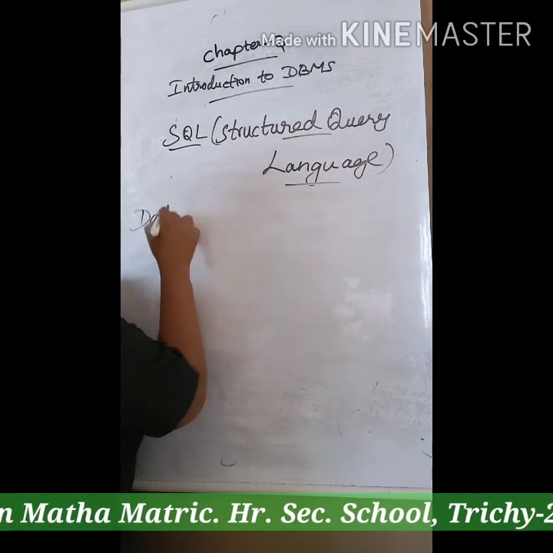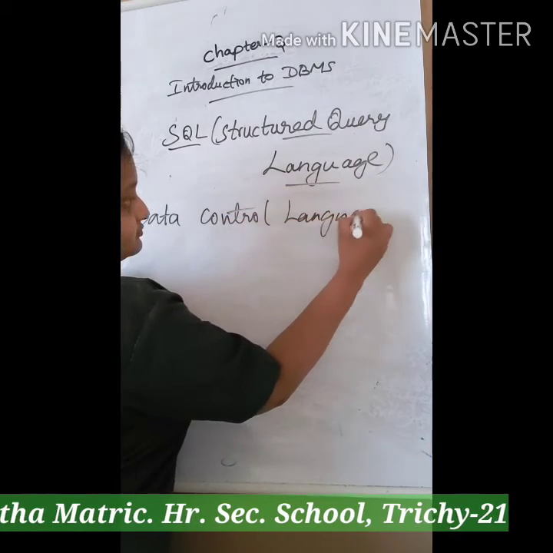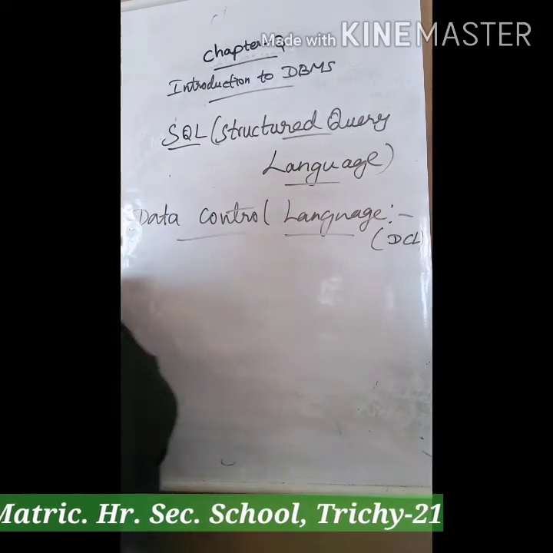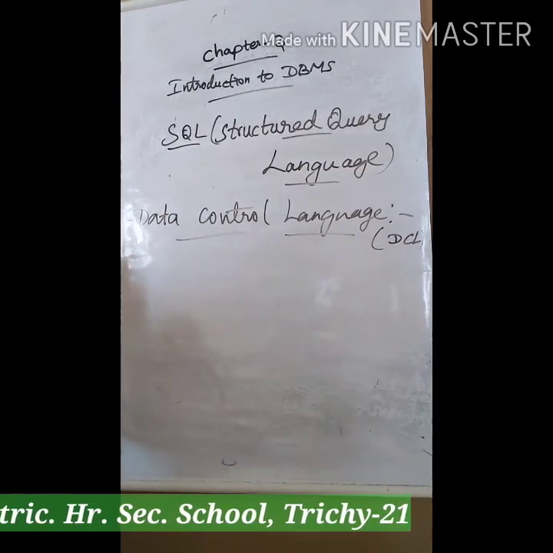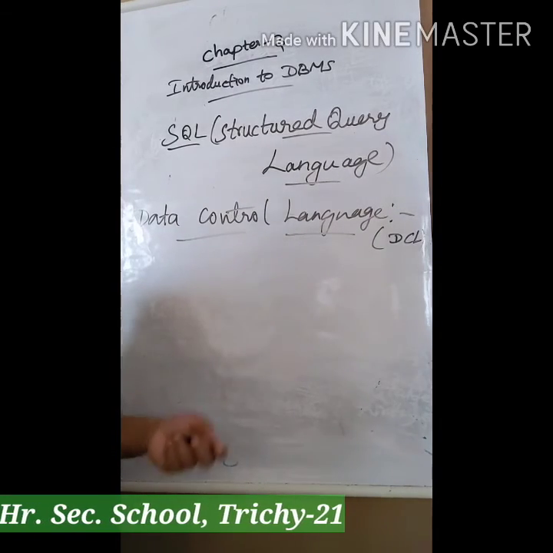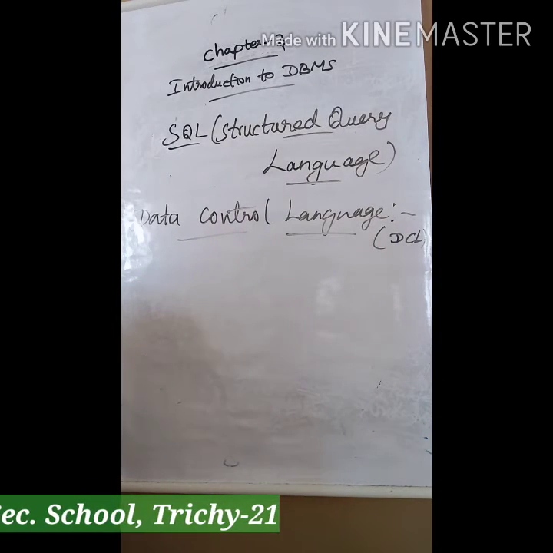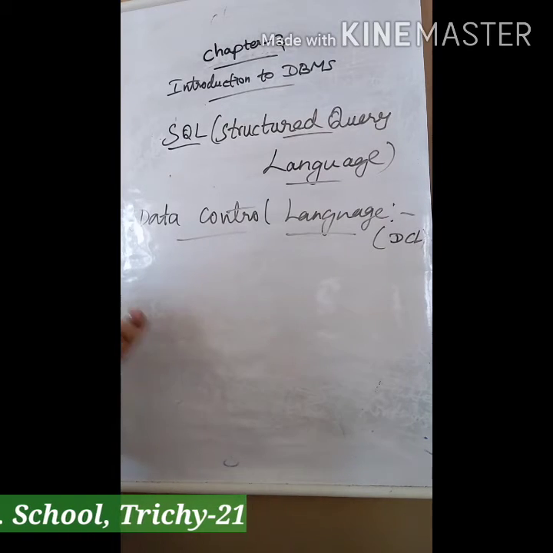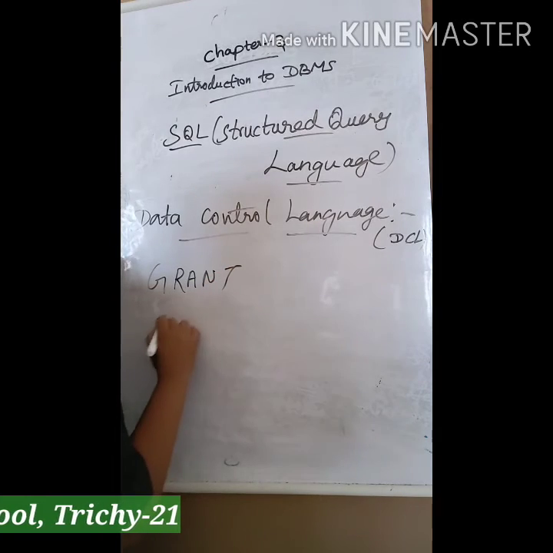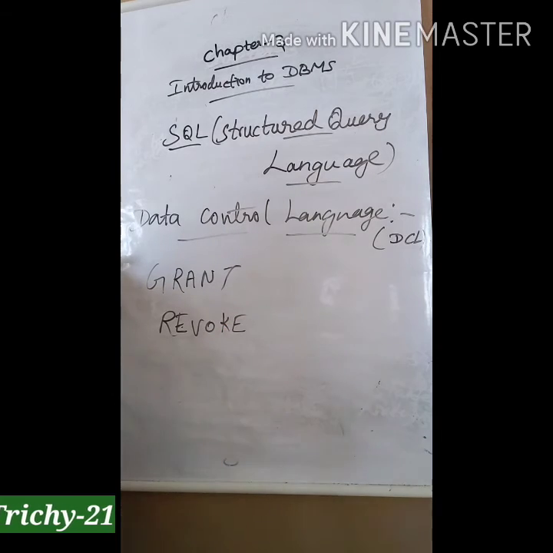The last one is data control language, that is DCL. It is used to control. These SQL commands implement security on database objects like table, view, stored procedure, etc. Here it has two commands: one is grant, another one is revoke.